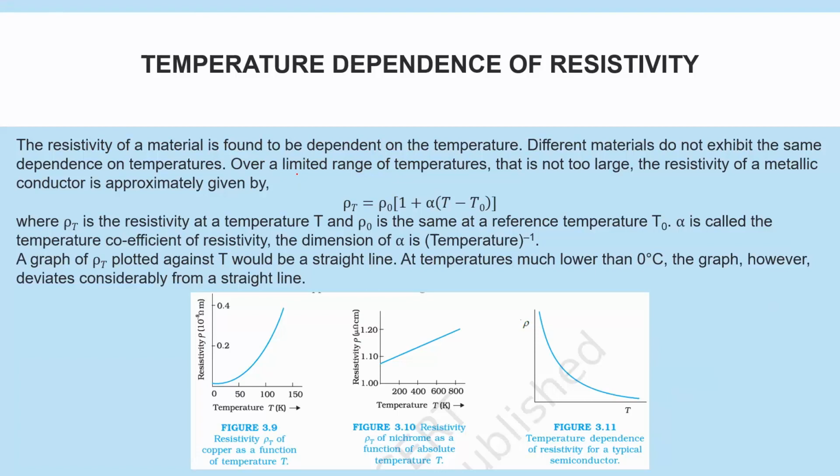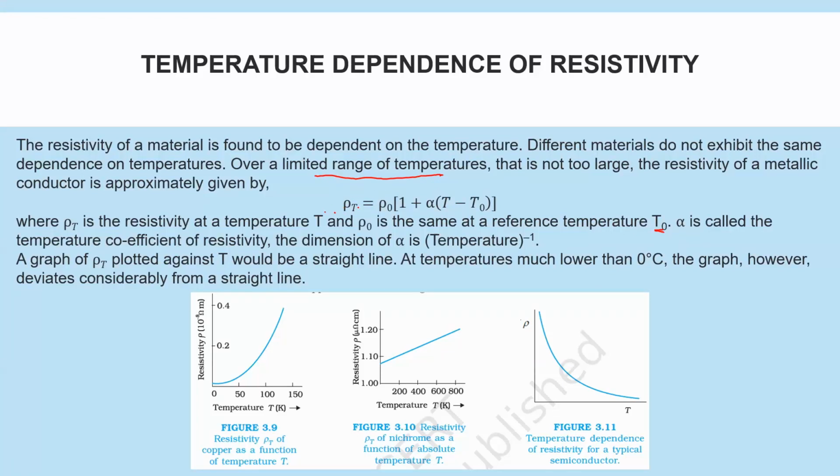There is a range of temperatures where the resistivity of a metallic conductor is influenced by the temperature. Over here we consider rho T, the resistivity at any temperature T at which we want to find the resistivity of the material. Then rho 0 is the reference resistivity at the reference temperature T0.